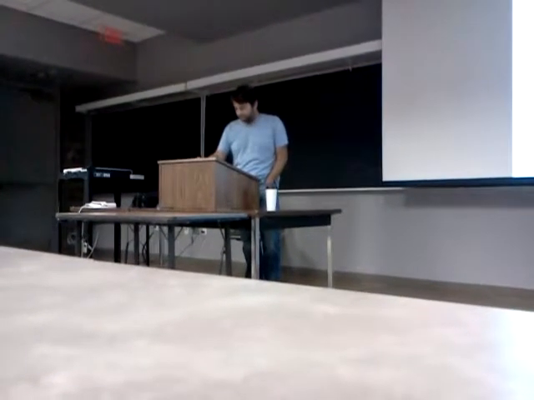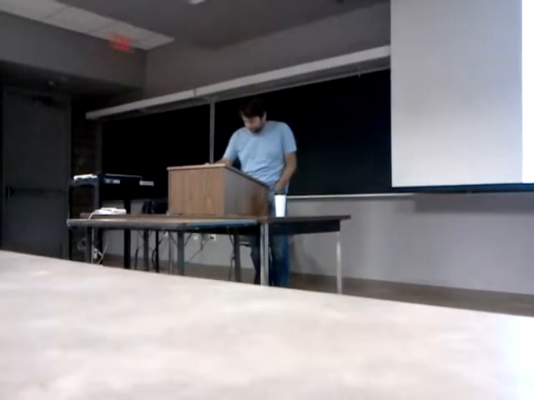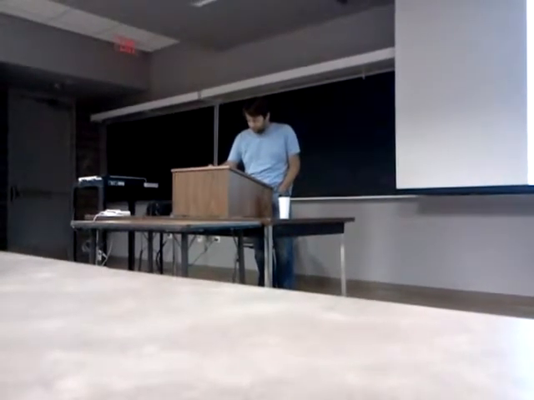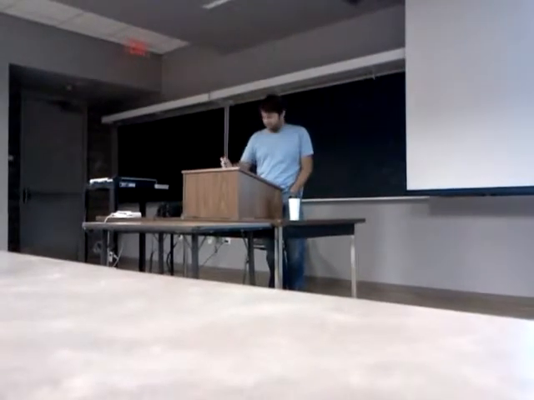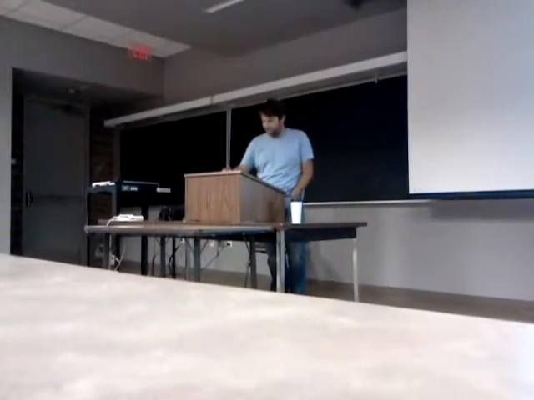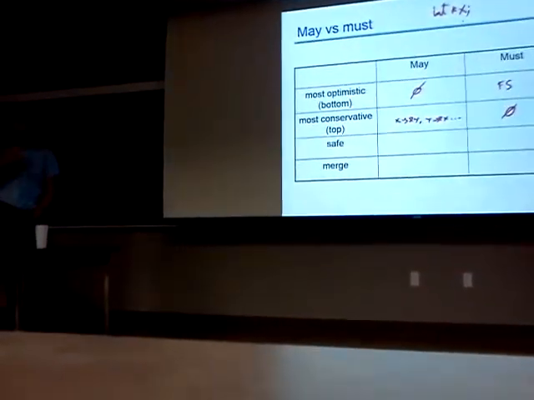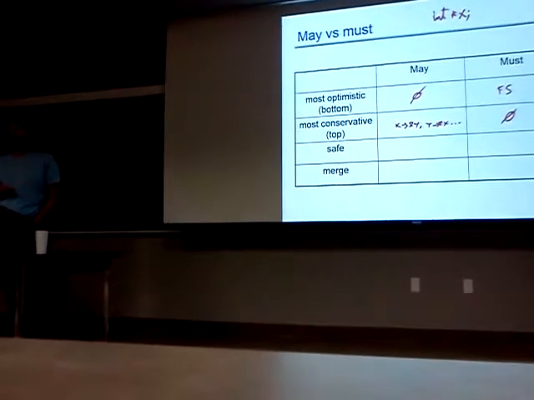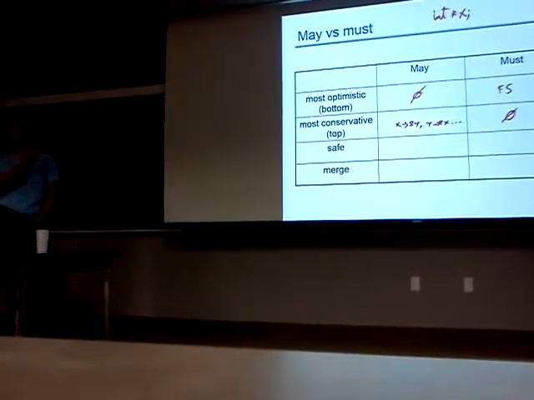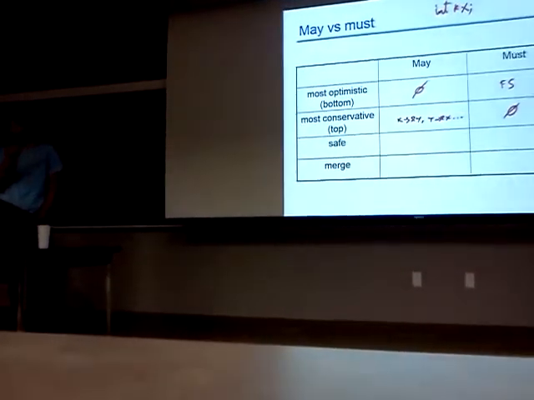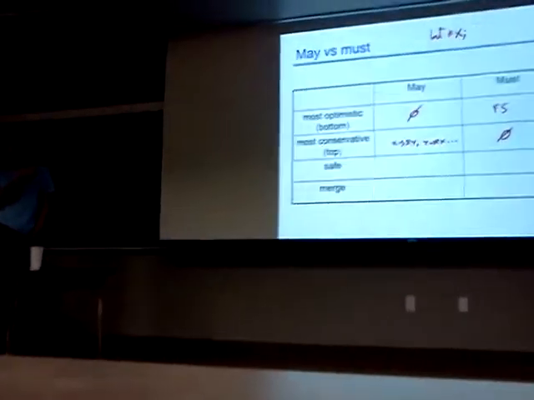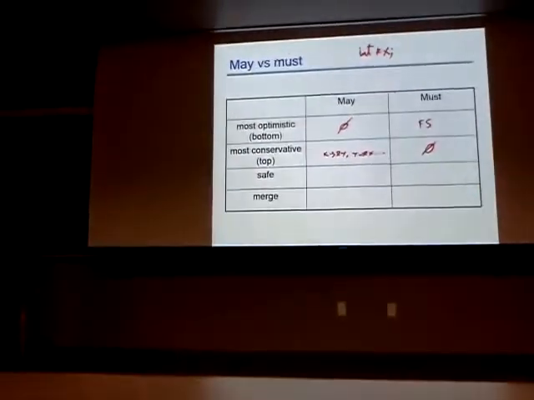For example, if you analyze this program in C, this is a beautiful program in C, check it out. This is int star x. That's the program, and return, and this is it.